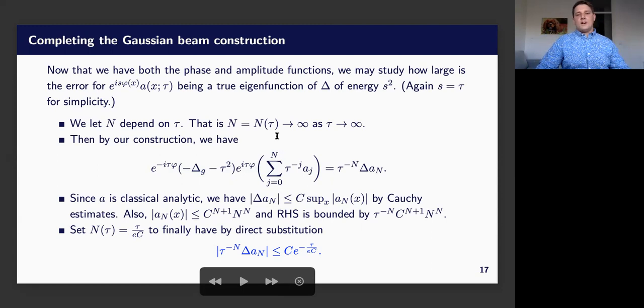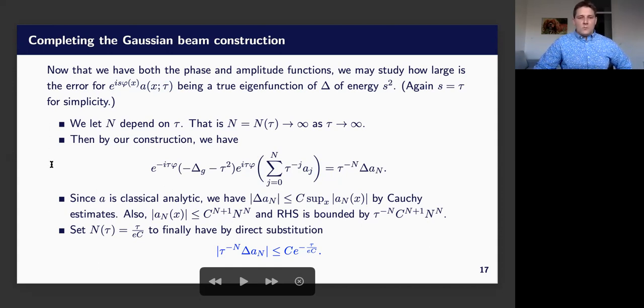And now since phi solves the eigenvalue equation and a was the solution to the transport equation, a small calculation shows that when we apply minus Laplacian minus tau squared to the ansatz, what is only left is tau to the power minus N, and then the Laplacian of the last amplitude expansion term a_N.